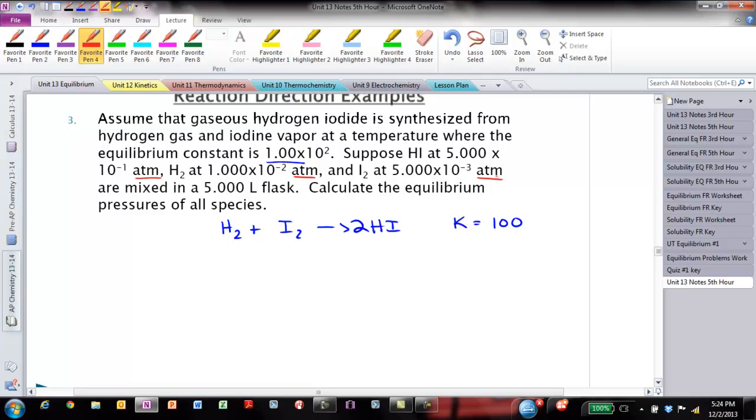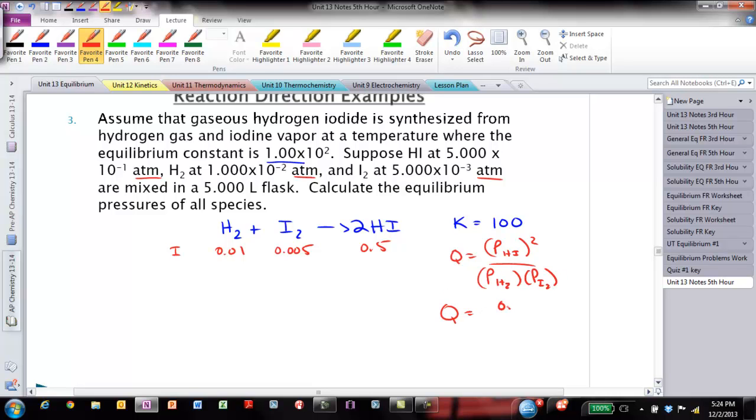Okay, so our initials are going to be H2 is 0.01 atm, and I2 is 0.005 atm, and HI is 0.5 atm. And so we're going to have to check which direction this reaction goes. So we're going to have to check our Q, which is the pressure of HI squared over the pressure of H2 times the pressure of I2.